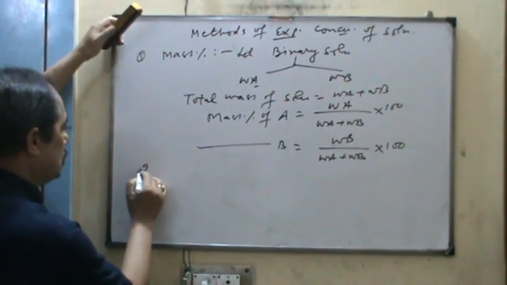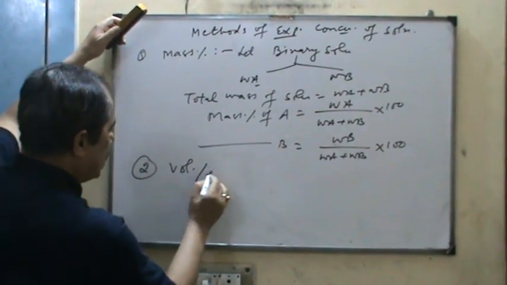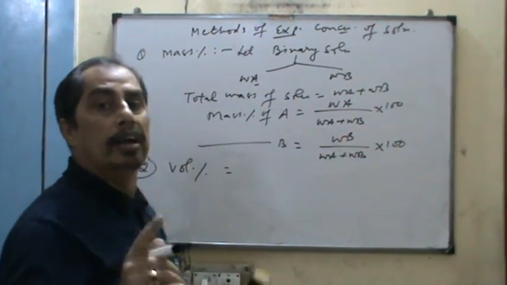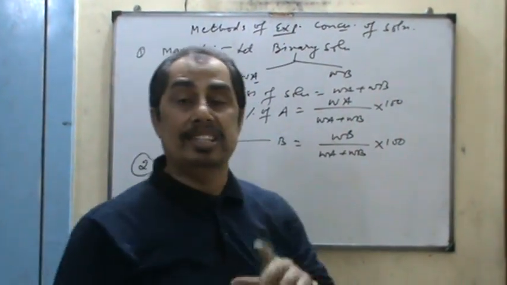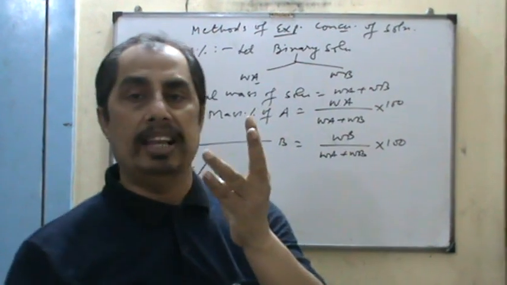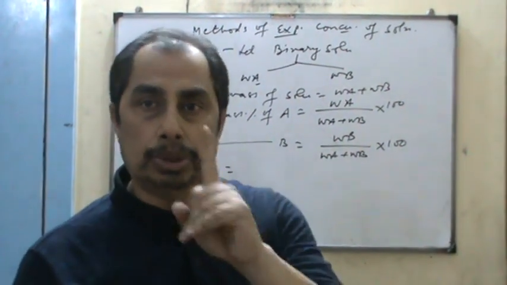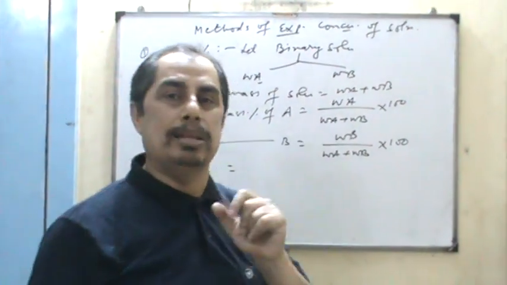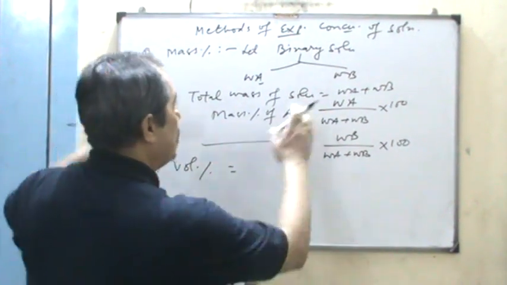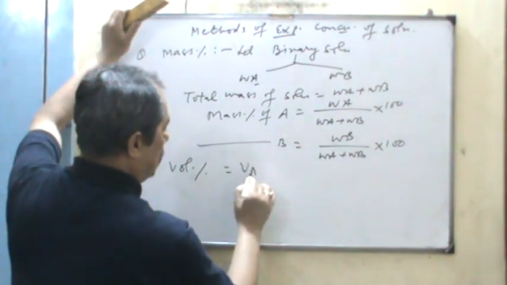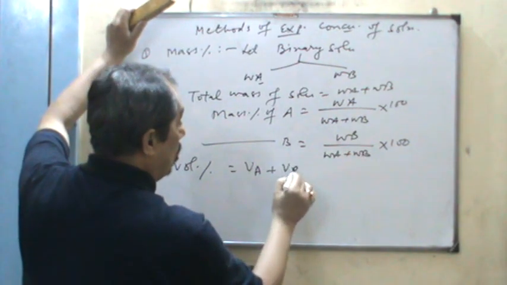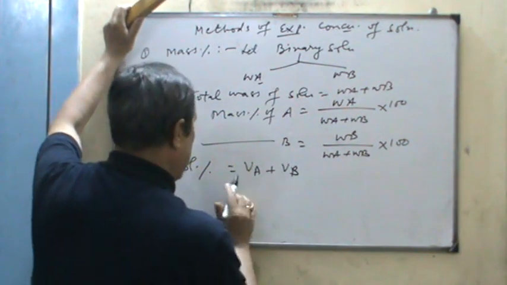Then again, you can calculate volume percentage. Same, let us consider a binary solution which contains two components. A is the solute and B is the solvent. Let VA be the volume of solute and VB the volume of solvent. So what is the total volume of the solution? VA plus VB.